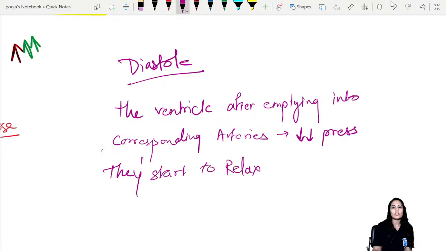And this relaxation will lead to a decrease in the pressure, right?